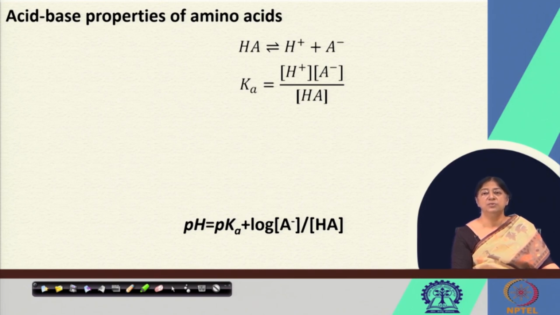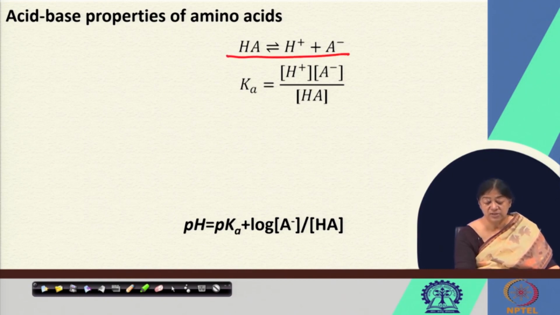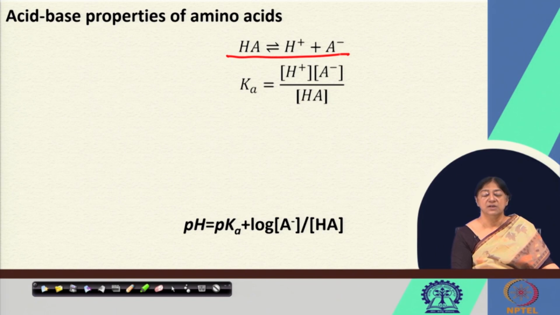The loss of a proton means there is a particular reaction that takes us from HA to H+ and A-, where we have a conjugate base and the loss of the proton.